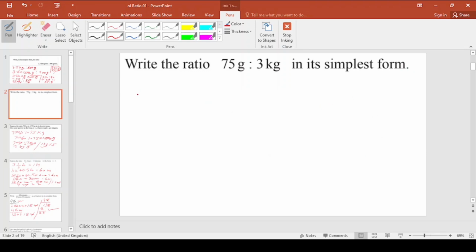In the previous video we also discussed the definition of ratio.